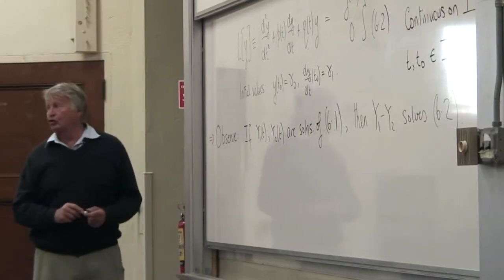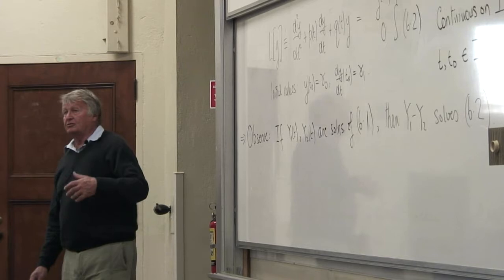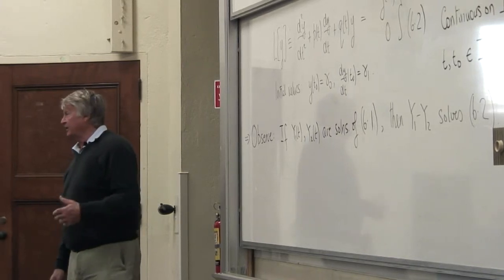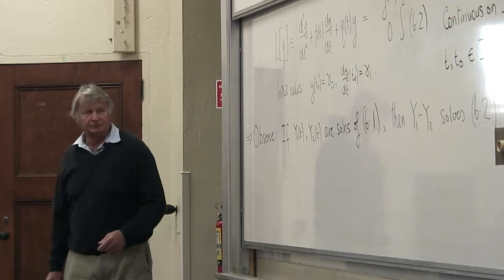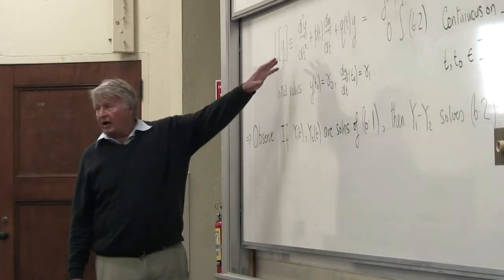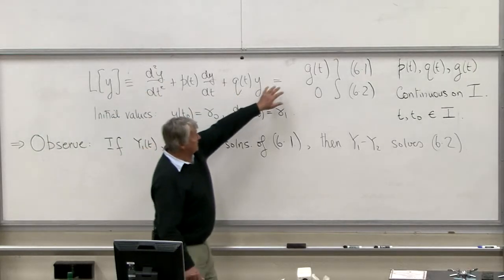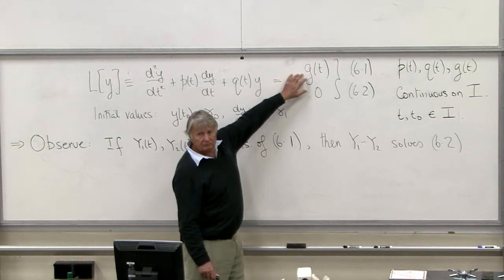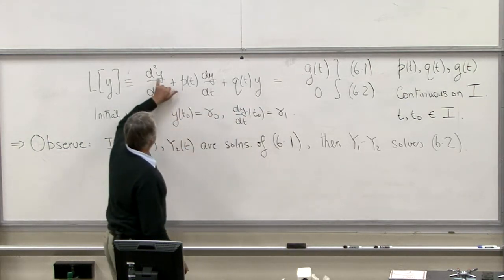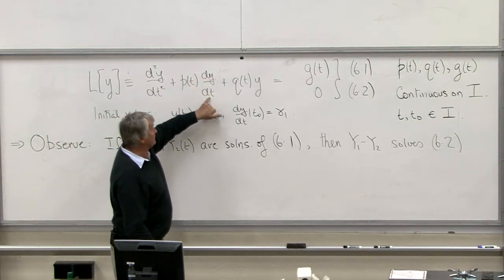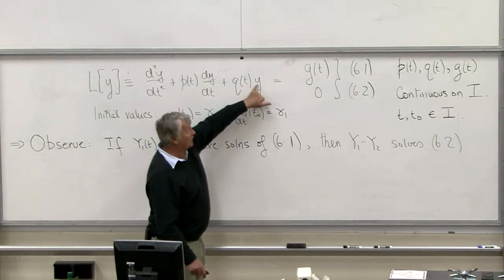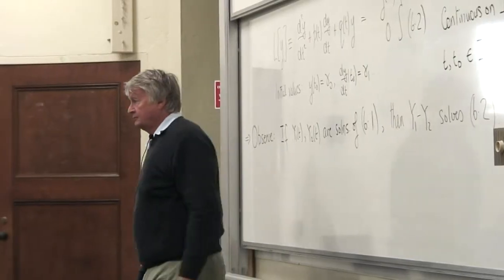Now, we could go through and write down that as a proof, but it's very easy to see, so we'll just talk our way through it. y1 satisfies this equals g. So I have d2 y1 by dt squared plus p of t dy1 by dt plus q of t y1 equals g of t.